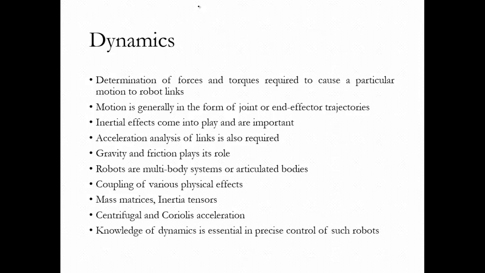The knowledge of dynamics is very essential, because we finally would like to control these robots, which are moving faster and doing a particular task. We want it done in a very precise manner with the least error. For controlling these robots we need to know their dynamics. All these get embedded into the dynamic equation of robots.